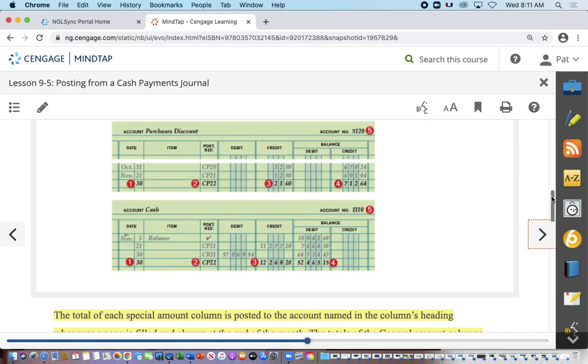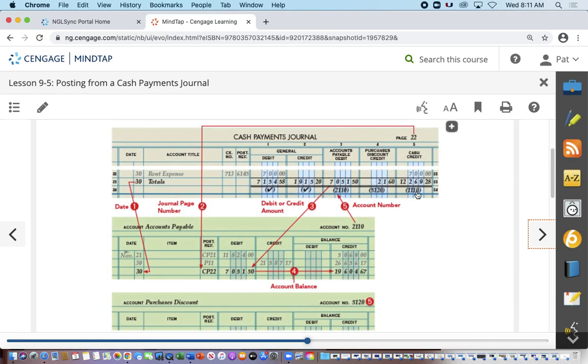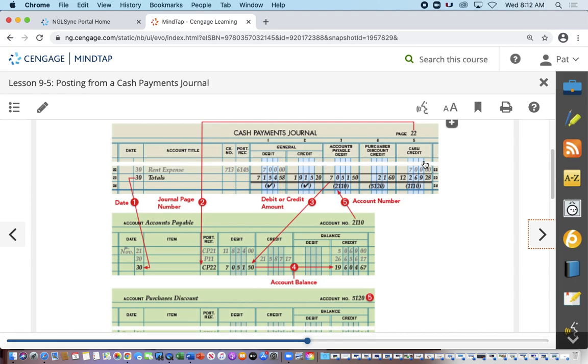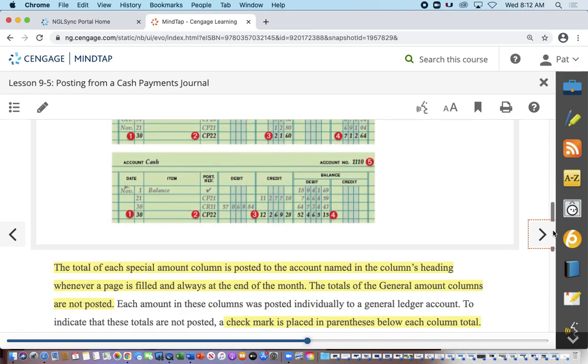You put the account number for cash up at the bottom as well. So in cash payments, we should have 2 check marks and 3 account numbers for the accounts payable, purchases discount, and cash posting. So we're not posting anything individually in purchases discount or cash, just the total.